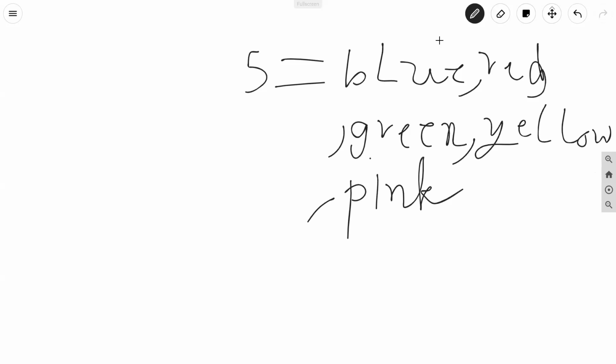Now, let's say that you get any of these colors. There's a 1 by 5 chance that you'll get any of them. Now let's say that you got a blue one. If you put them back, then the probability is still the same, because there are still 5 types of berries.